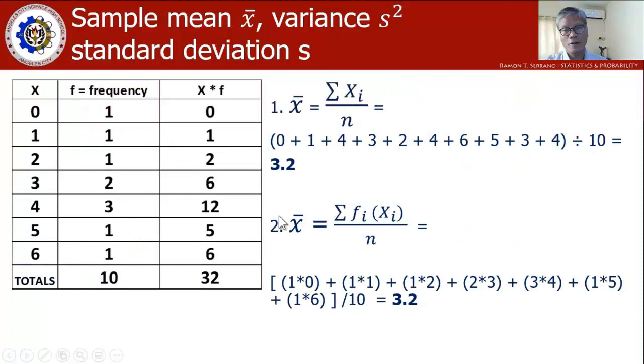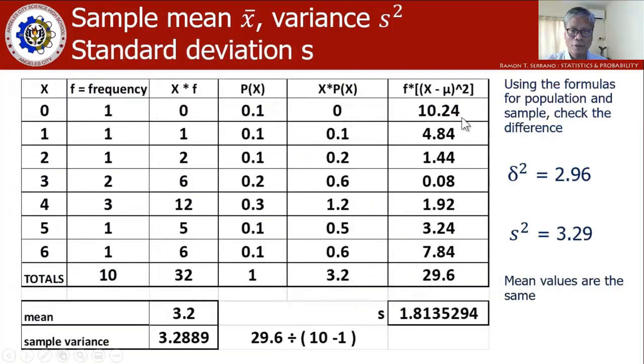And so again, we take a look at our sample, and still we come up with the same mean because we're using the same formula, obviously, 3.2. However, in the variance, since we are dividing the total 29.6 by 9, we now come up with 3.2889.